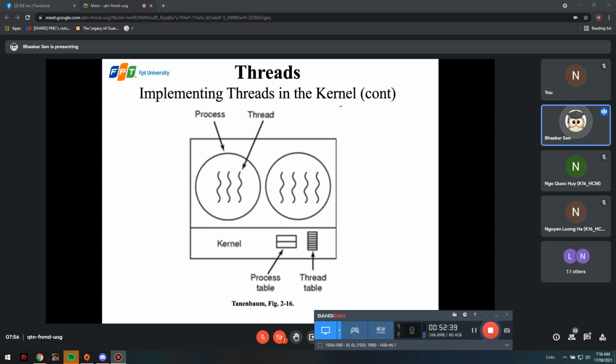We want to avoid that kind of situation, because then there is no point running threads if the kernel controls the threads just the way it controls the process. If there is no performance benefit compared to the performance of the process, then there's no point making threads. So it doesn't work as well.